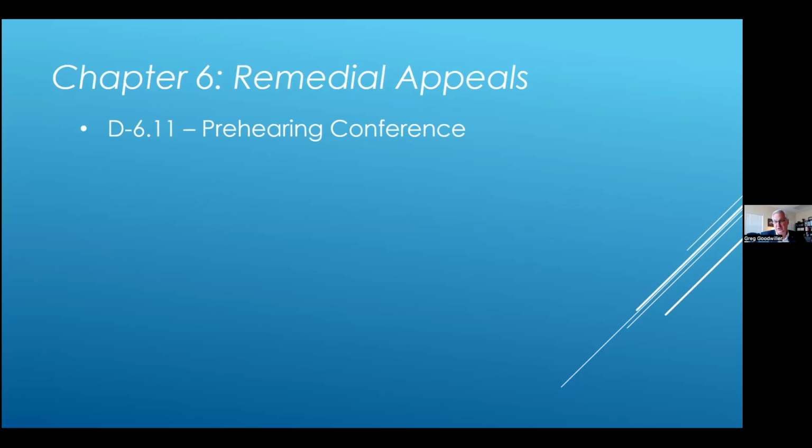We added an additional sentence in church discipline that says such conference may also result in a settlement agreement, including a request for withdrawal of the appeal, which is then processed in accordance with D605. So we went a little further and said, this can be a kind of mediator role of the PJC to say, come on, let's settle this and not have to move forward.